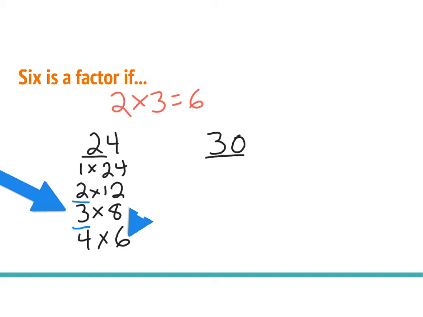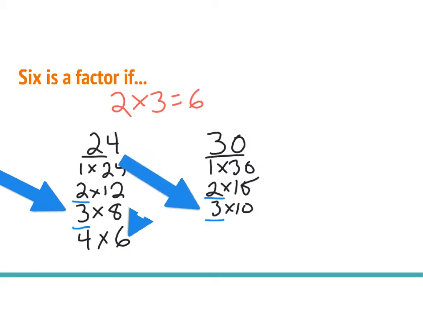The same is going to be true when we go over here to 30. Well, it's going to be 1 times 30, 2 times 15, 3 times 10. And since I've got a 2 here and a 3 here, well, that's the same story. It's automatically telling me I'm going to have 6 as a factor.